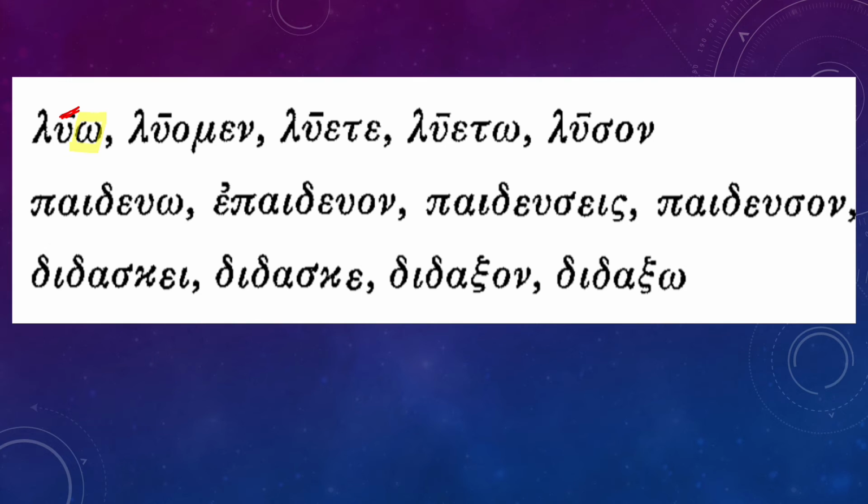All right, next one, luomen has 3 syllables with the last syllable being short, and so the accent will go on the upsilon as an acute on the antepenult. Luete, same thing. We have 3 syllables with the last syllable being short, and the accent will go on as an acute on the antepenult.